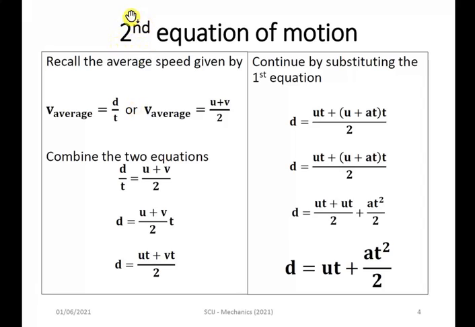Remember, we are deriving the second equation of motion. We start from the average speed equations, put them together, we just equate them together. We get this one. We can rearrange them and then get this. Then we come back to take the first equation of motion.